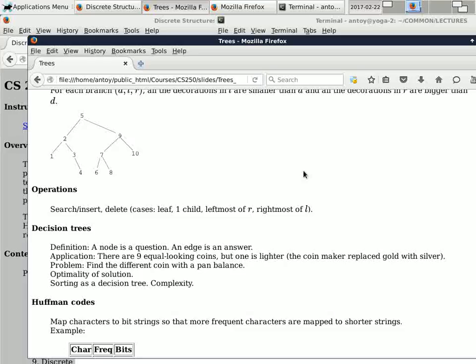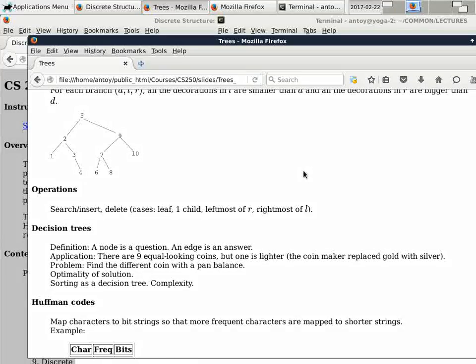Because it's greater, I go down and right, because if it is there, it can only be in the right and not in the left. And so I compare it with 9, and say it's not here yet. Because it's smaller, forget the right. The only place where it can be is the left. I compare it with 7, bingo, there it is, right?